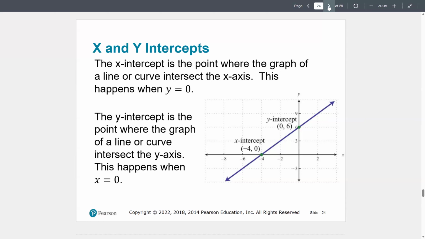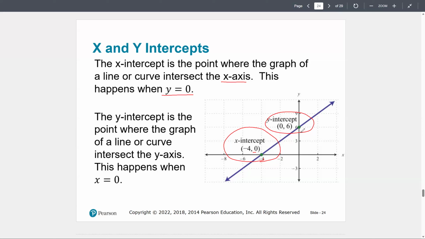Okay, so going back to x and y-intercepts. An x-intercept is a point where the graph of a line or curve intersects the x-axis, as we see here. And we see that when I have my x-intercept, this happens when my y value is 0. My y-intercept is a point where the graph of the line or curve intersects the y-axis.